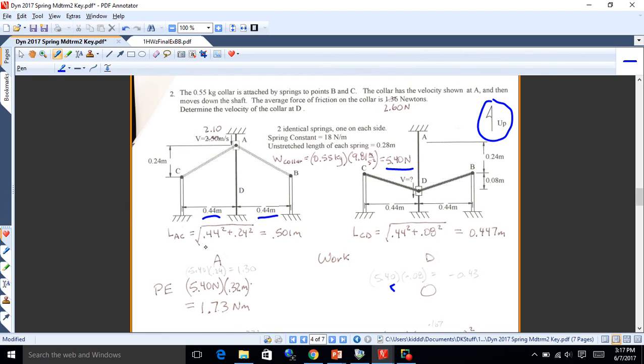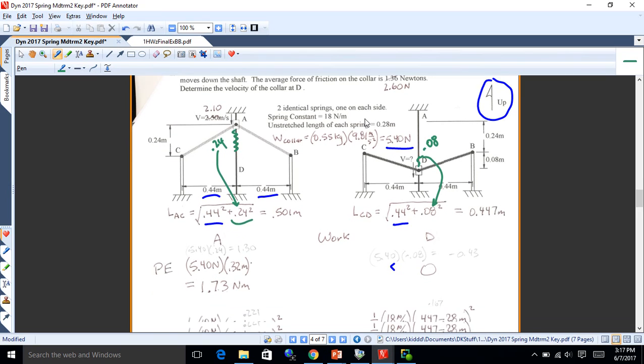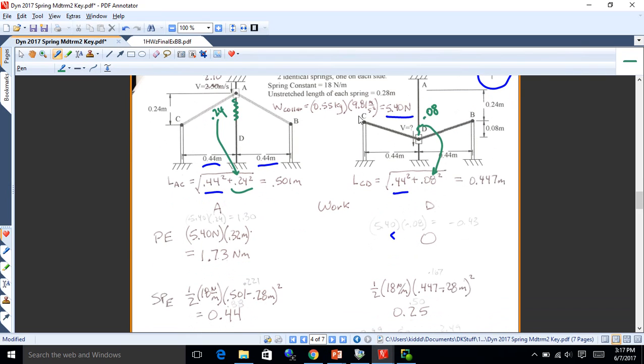So you got the 0.44 down there in both cases, and then you've got the other lengths that you'd be dealing with here too. So this one right there is 0.24, so that's where that comes from. And this other one here is 0.08, so that's where that comes from. So what you do there, you can do the theorem of Pythagoras and find the lengths of the springs.